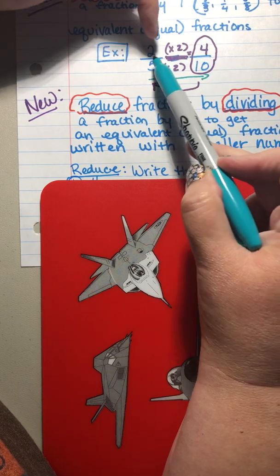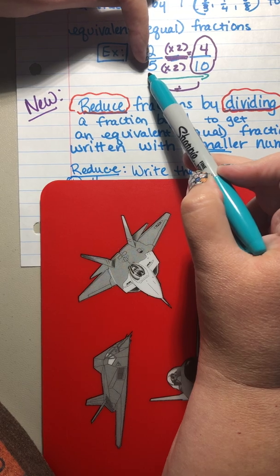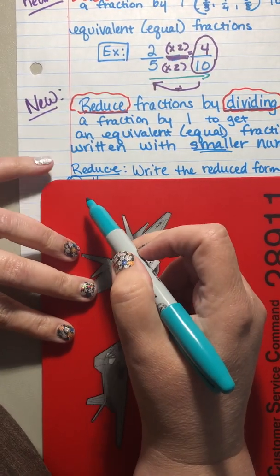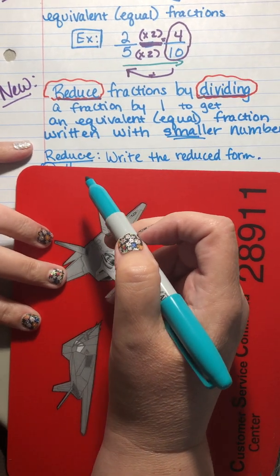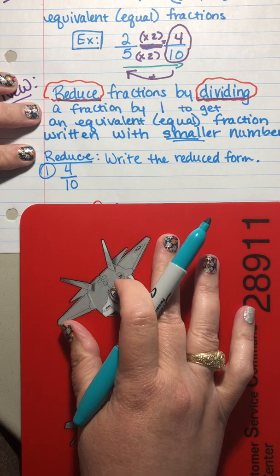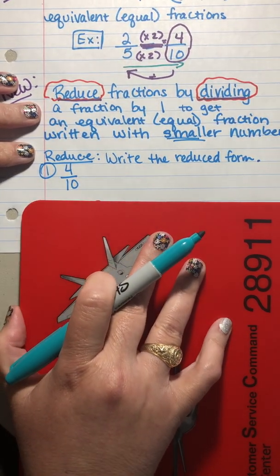The 4 gets reduced to a 2. The 10 gets reduced to a 5. So let's look at how we do that. When our instructions say to reduce and write the reduced form of a fraction, for example, we have 4/10.